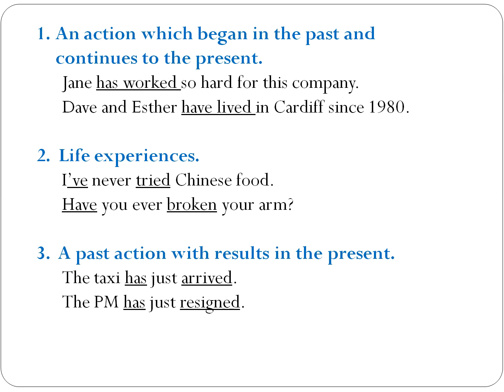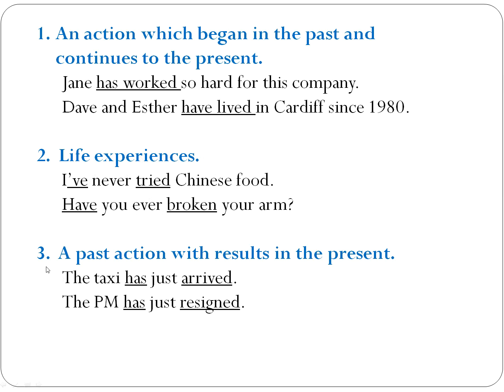I've never tried Chinese food. Have you ever broken your arm? So have you at any point in your life had the experience of breaking your arm? In your life, from the past to the present. So have you had this experience? Generally with life experiences and the use of the present perfect, we generally use the adverbs never or ever.